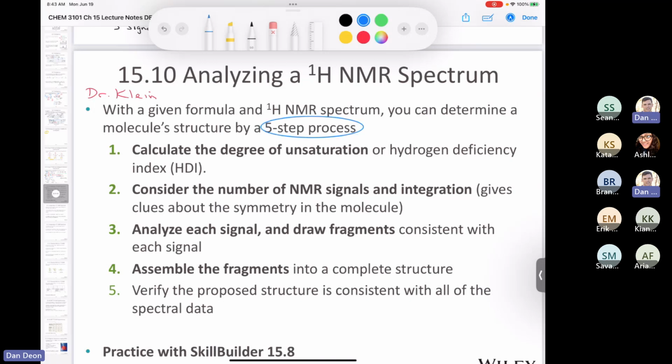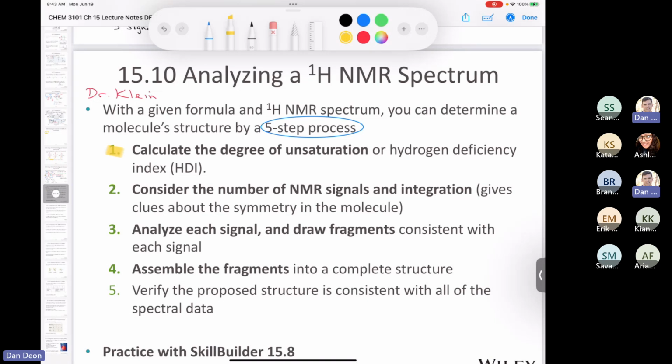But I think that students like it, so I'm down with it. I don't always follow his 5 steps. You'll see that Mr. Dion is guilty of not following these in the exact order, because sometimes I can't help myself. I just go for the low-hanging fruit, right?